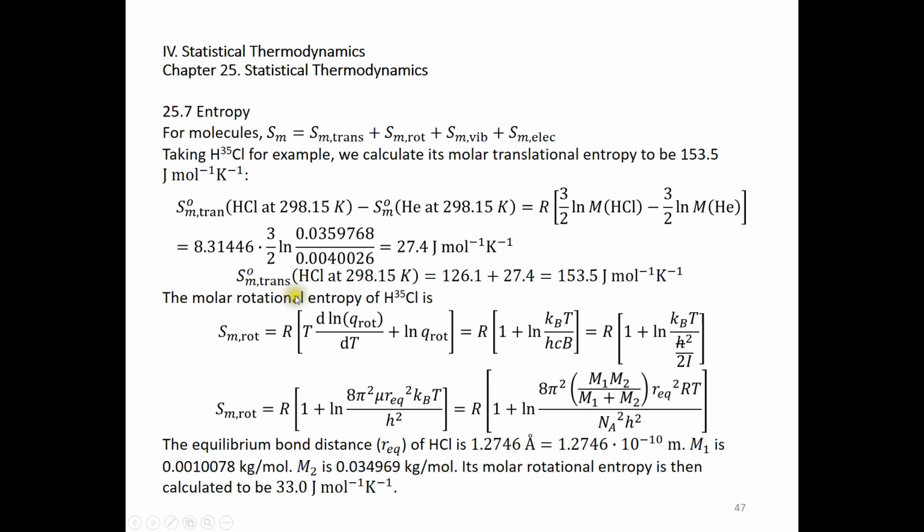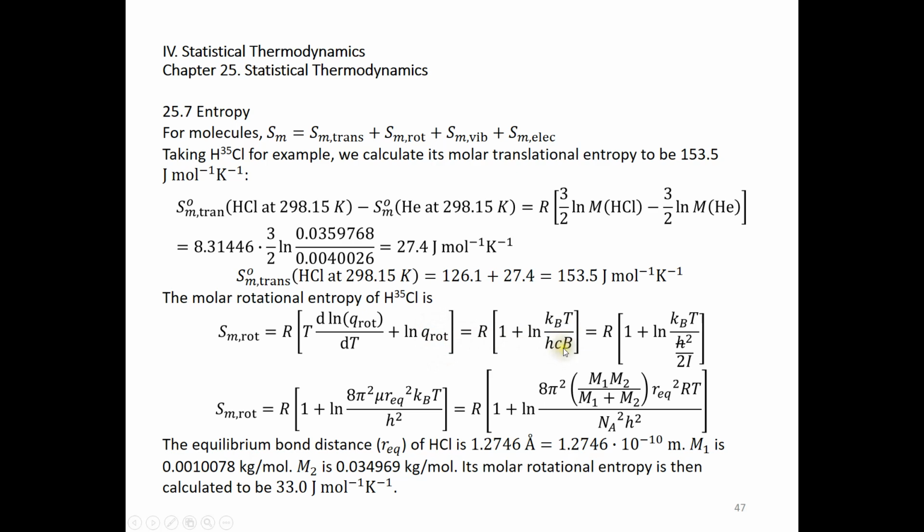Now let's look at the rotational entropy. Here's the equation. We're going to just use this equation over here. d ln q over dT is simply 1 over T, and 1 over T times T is just 1. So there's only 1 here. And over here, the rotational partition function is kBT over hcB.